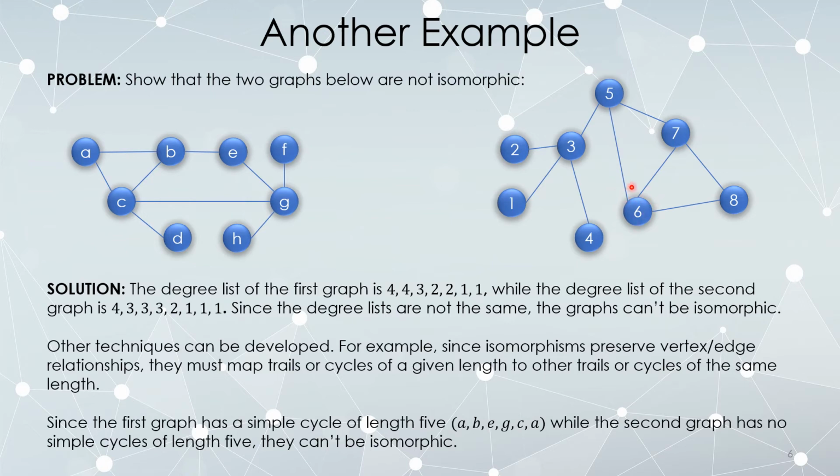There is no 5-edge cycle over on this graph, I'm sorry. So again, lots of ways you can check by comparing how many cycles of different lengths are there to see whether two graphs are or are not isomorphic.